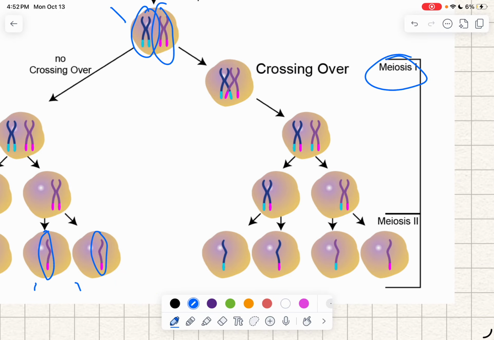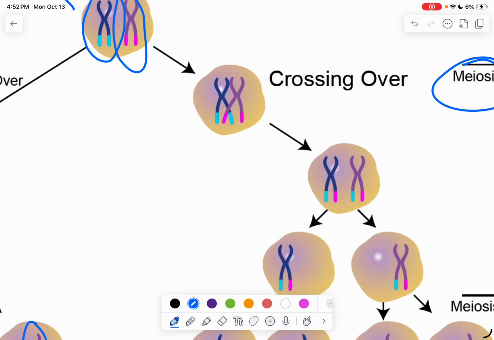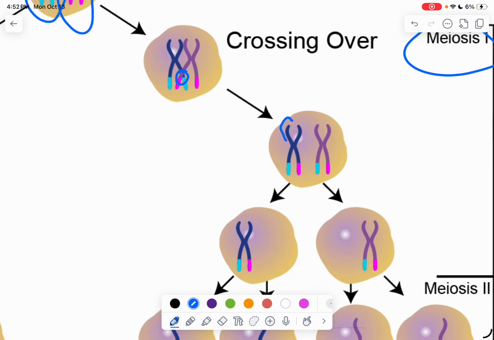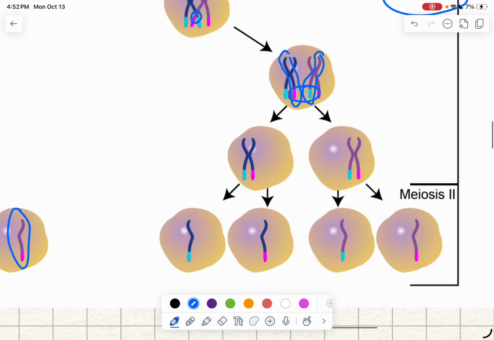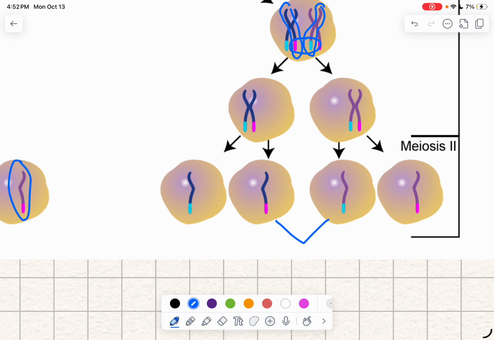On the other hand, if crossing over occurs, as you can see here, we have our chiasma, which is where recombination occurs. We get one chromatid and another chromatid that have switched genetic information at that section. So if we go down here and look at the gametes that were formed, we have 2 gametes that have recombinant genotypes.